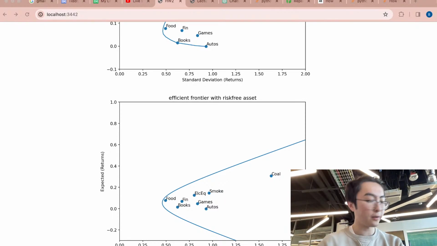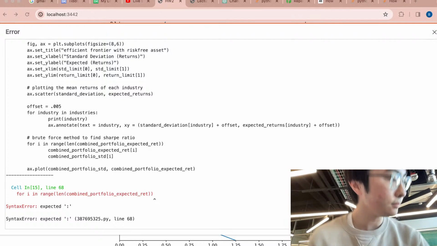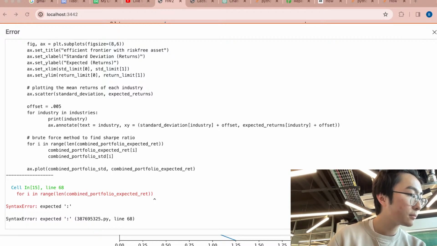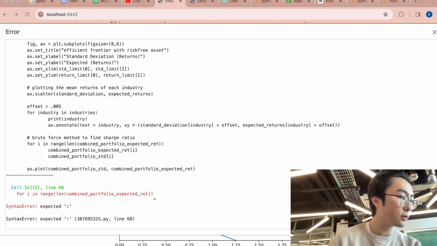So let me label this before I forget. Brute force method to find Sharpe ratio. Return is equal to standard deviation, expected return portfolio.